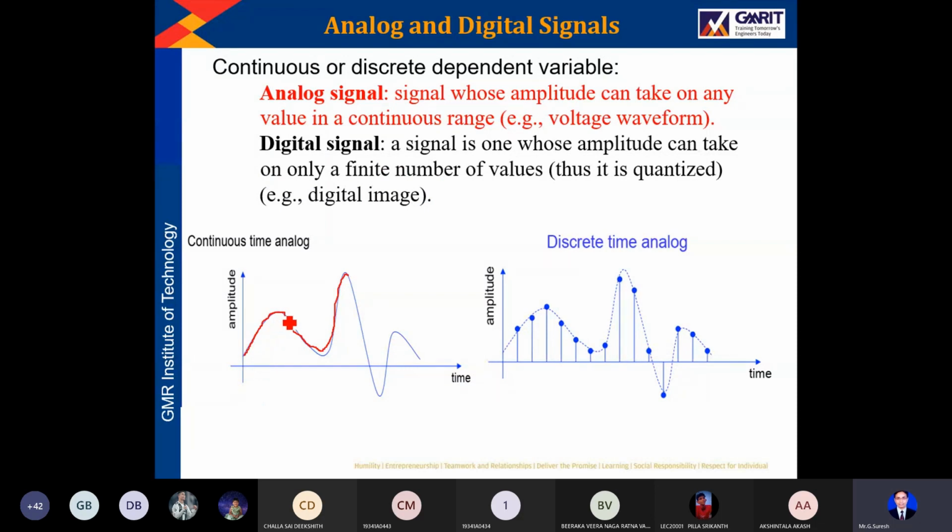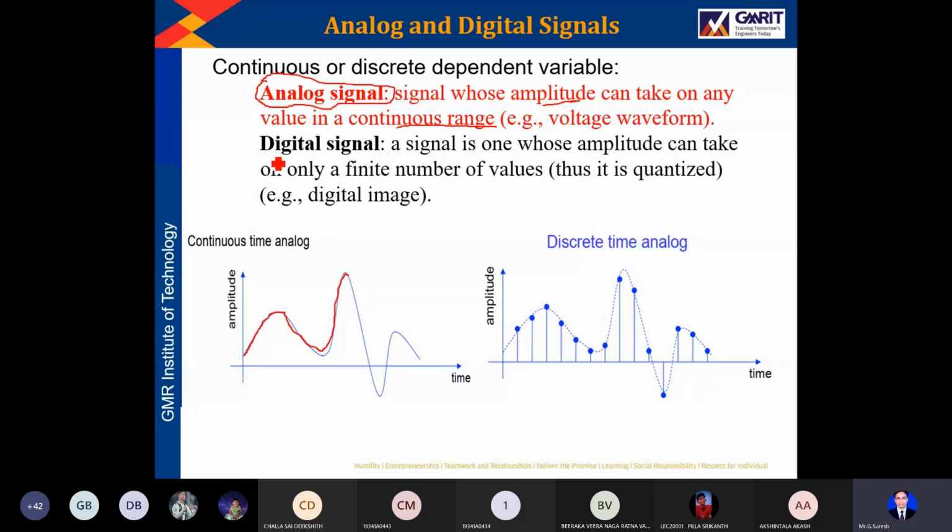It does not have finite values, it has infinite values. So a signal whose amplitude can take on any value in a continuous range is said to be an analog signal.